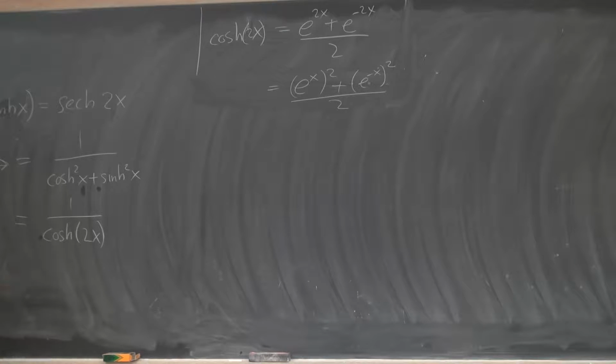I mean, there are nicer ways to get to it. We already have an identity with cosh and sinh, right? So you could even use that. That's not the same thing.